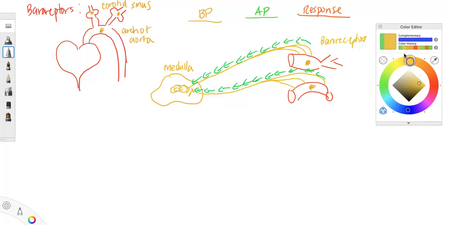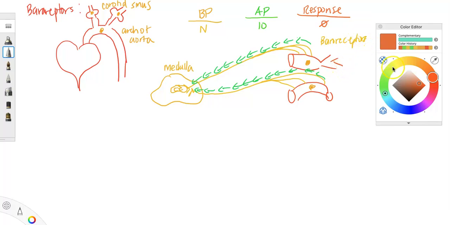So if blood pressure is normal, let's just say the number of action potentials sent when the blood pressure is normal is 10 action potentials. What would be the response from the cardiac center if it's feeling 10 action potentials? There would be no response. Everything's fine. Everything's good. Everything's normal.